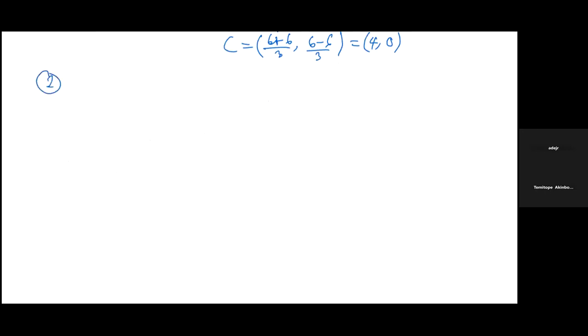Question 2 says, point T lies on the line segment SU.